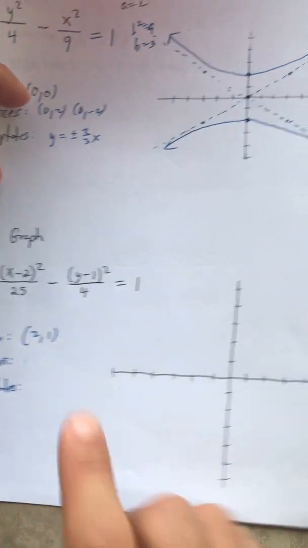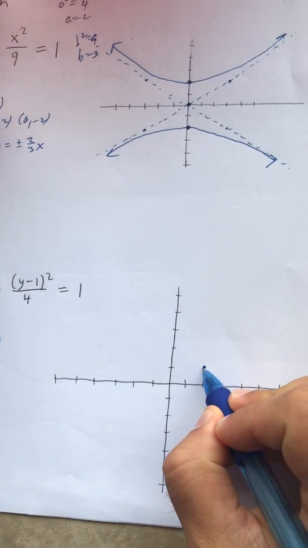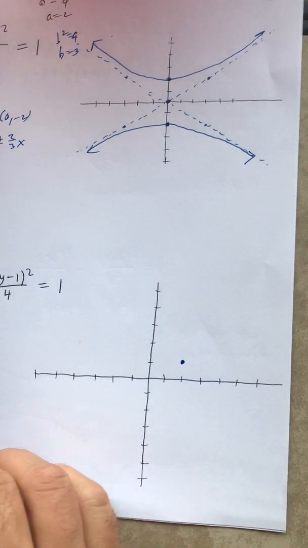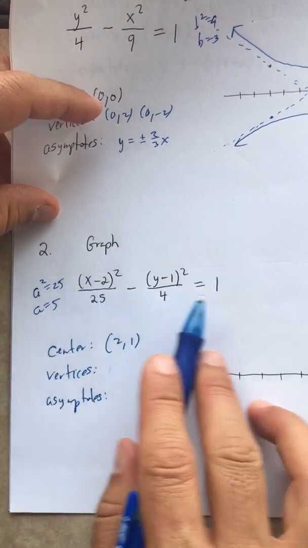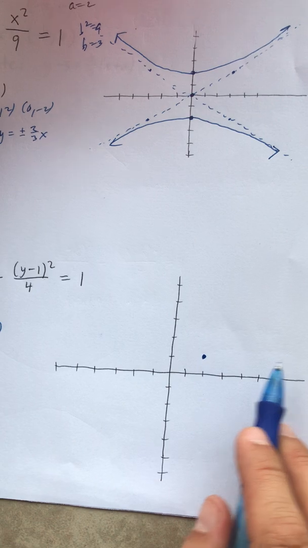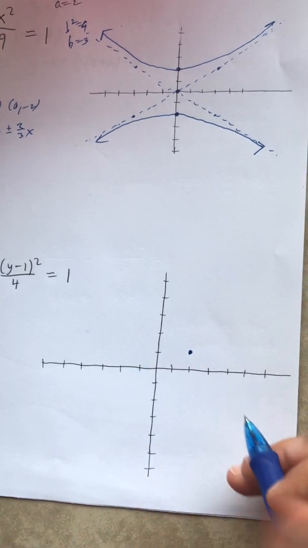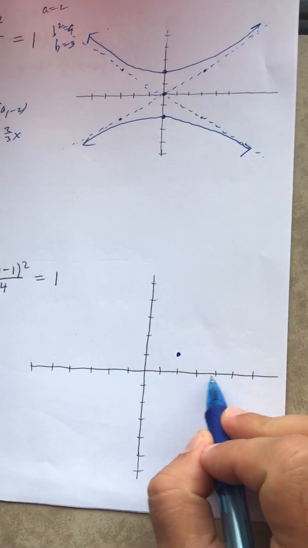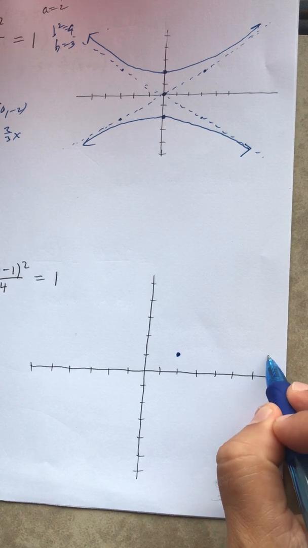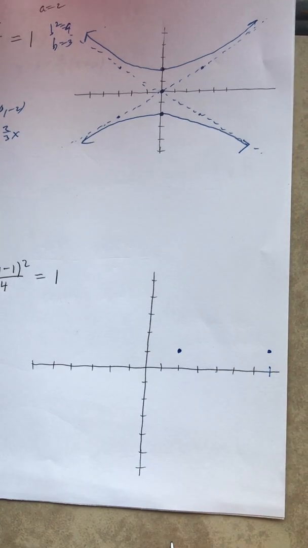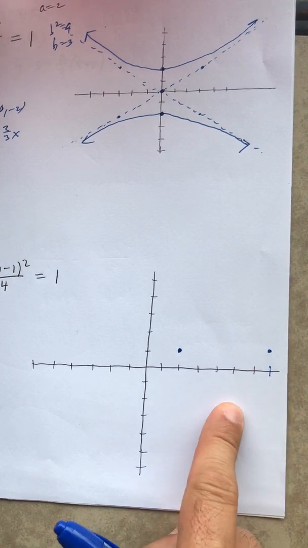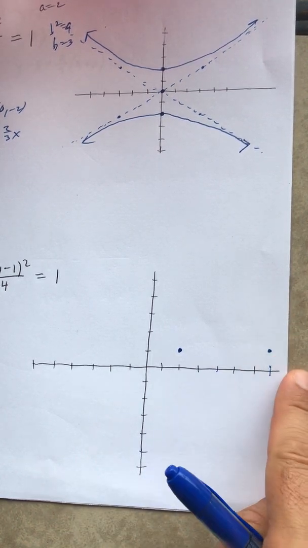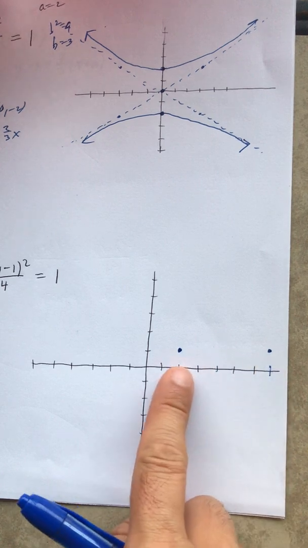So let's plot the center at 2, 1. There's the center. And now a is 5. The x is first, so the branches open left and right, so the vertices are 5 units to the right, 5 units to the left. 1, 2, 3, 4, 5. There's 1. This is not going to be good because I'm not going to have enough room to make my branch here, but I'll figure out a way to fix that.